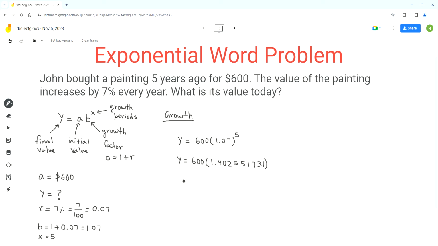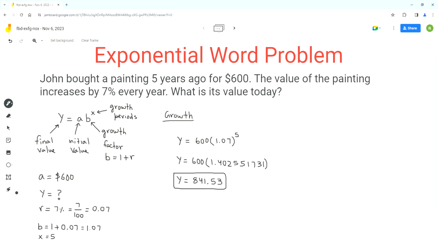We should not round the intermediate answers. And now we can multiply 600 by this big number, and I got 841.53. Since this is a dollar value, we should round our answer to the nearest cent, that is 2 decimal places. So this should be the final answer for this problem.